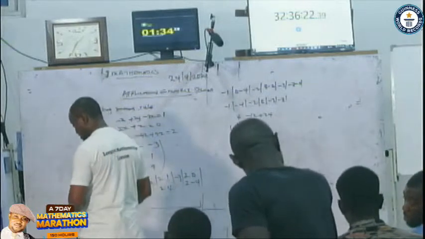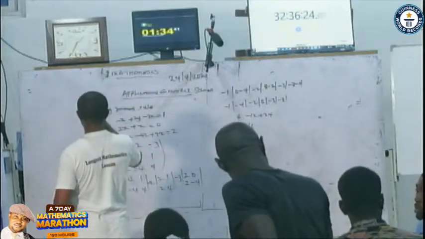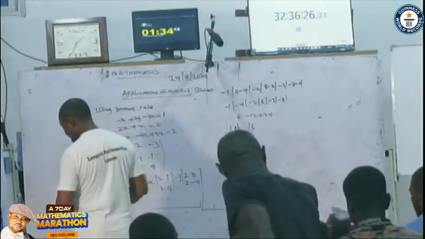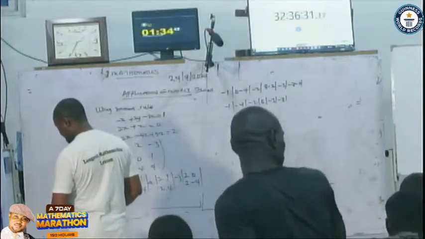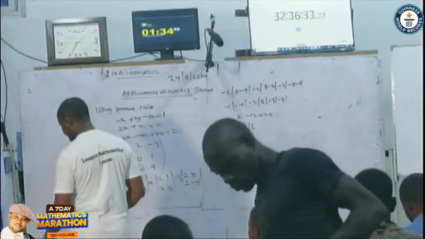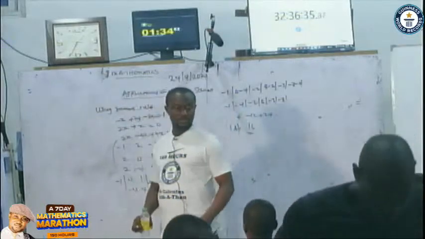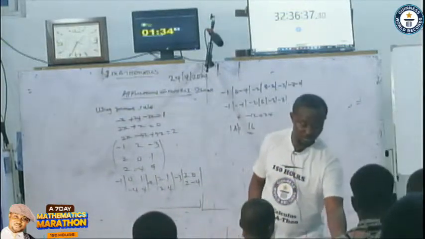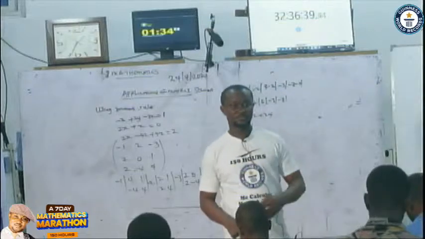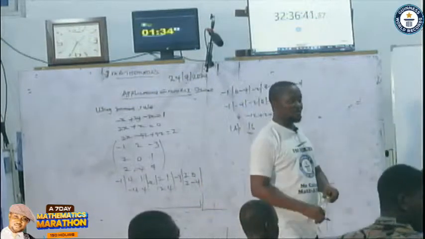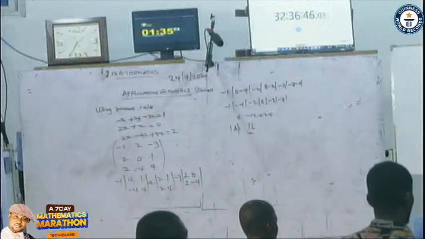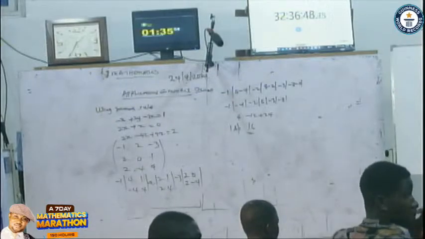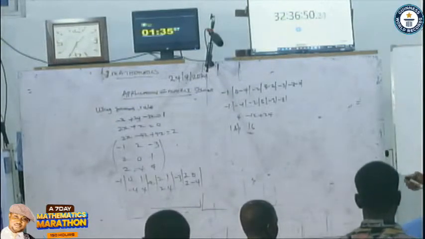why is it different from this? That value I have is different from the one I got here.